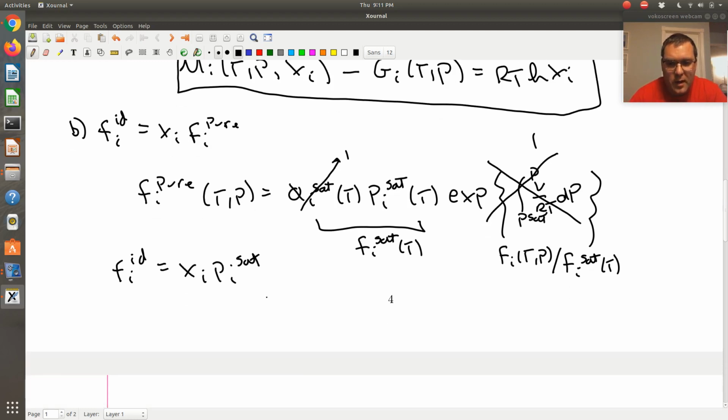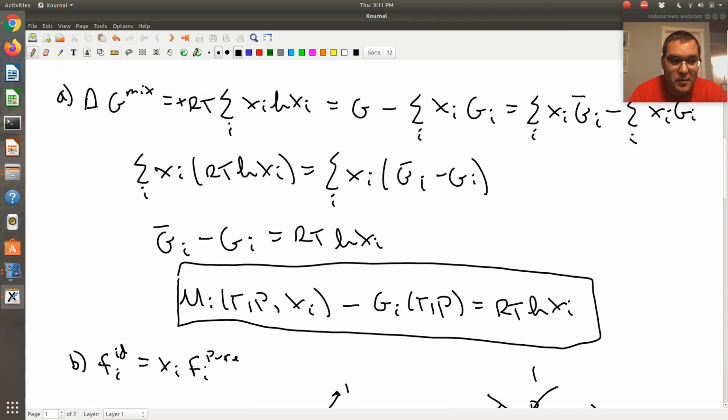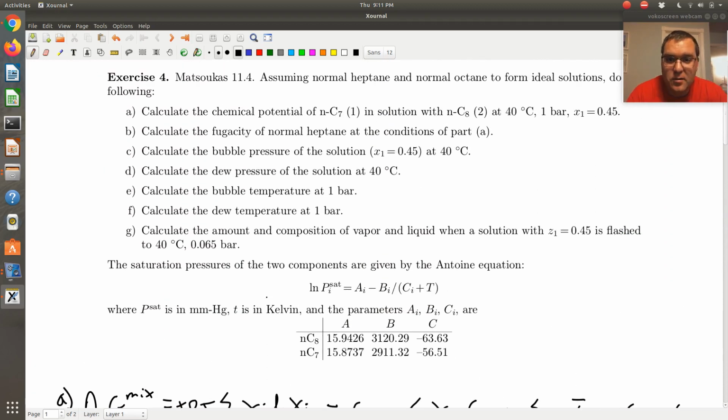So you calculate the vapor pressure of component i at saturation at the temperature of interest. We know the composition, so I can calculate the fugacity of component i in that ideal solution. Okay, cool. So I can't calculate absolute chemical potential because we're not given a reference state, but I can calculate an absolute fugacity.